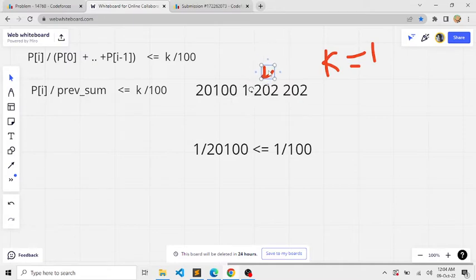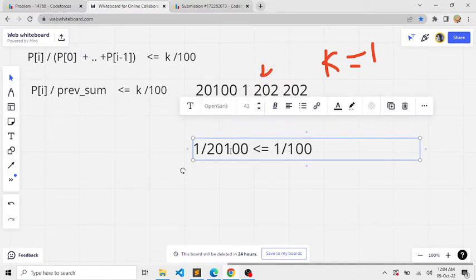Now let us try to look for 202, if 202 satisfies the condition or not. So the numerator will be 202, that is the rise in cost, and the denominator would be the previous sum, that is the sum of all the previous elements starting from p0. So that is 20100 plus 1, sum of all previous elements, and this is basically 20101.